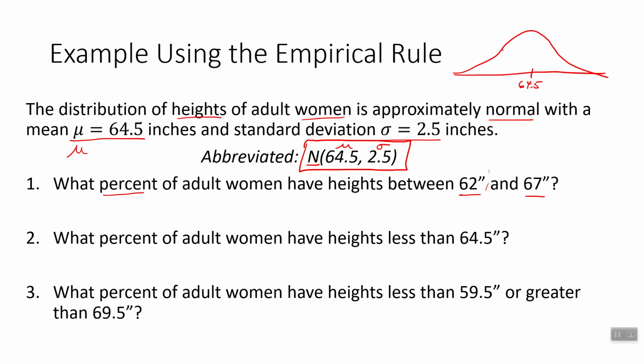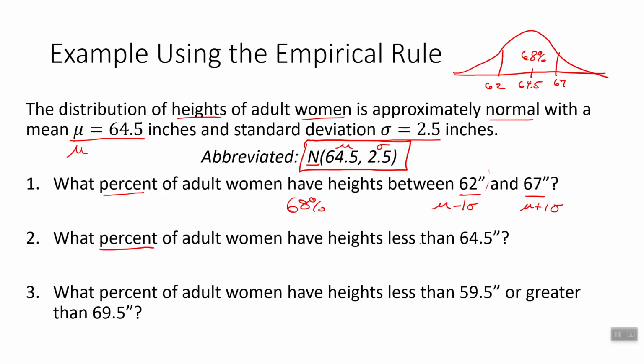If we go down 2.5, that brings us to 62. And if we go up 2.5, that brings us to 67. So that's one standard deviation each direction. So that is 68%, just by the empirical rule. This is the mean minus one standard deviation, and this is the mean plus one standard deviation.